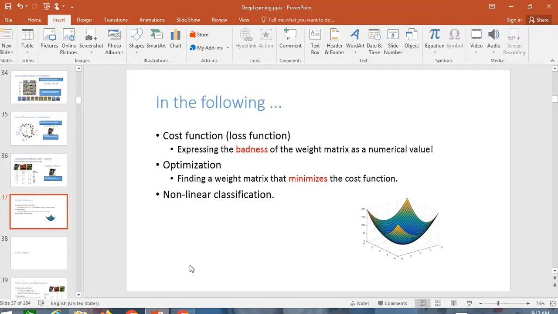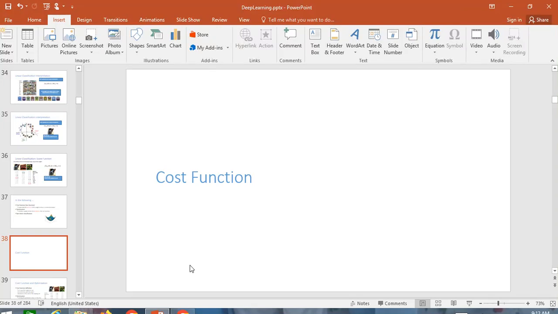We want to define what the best is. In the computer, to define this being the best, we have to state a general concept and say it with a number. If we can numerically compare different W's, it is easy.